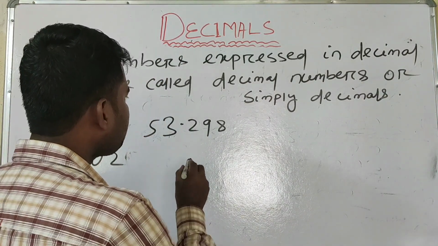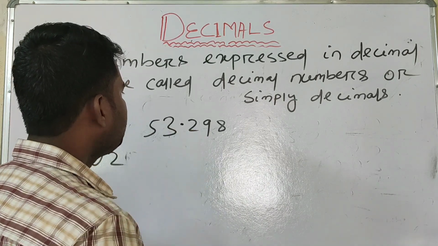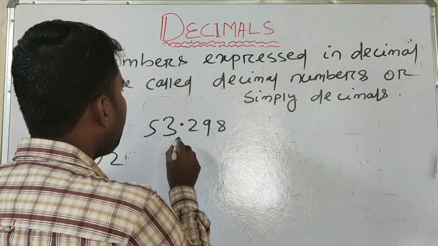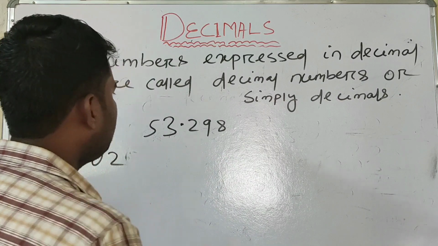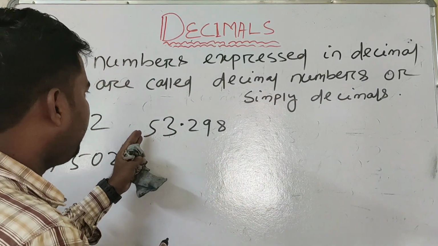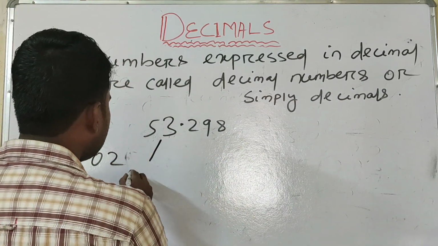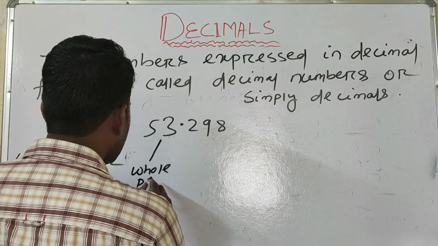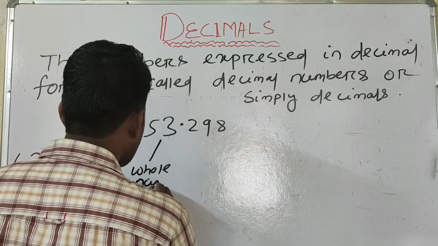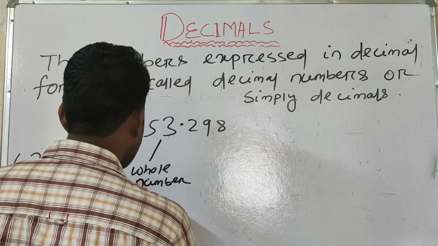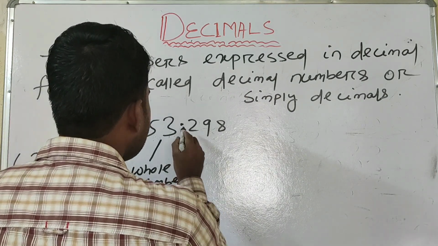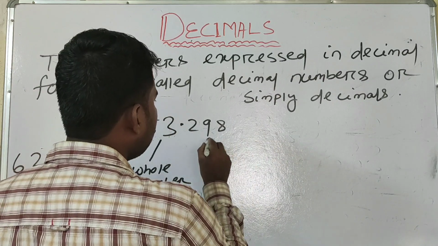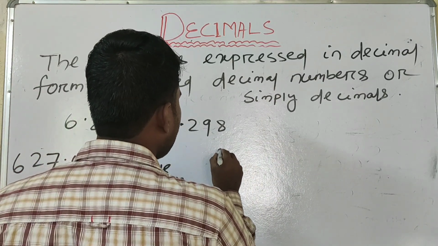Here, this one is the decimal point, and it divides the number into two parts. The part to the left of the decimal point is the whole number part, and to the right of the decimal point is the decimal part.